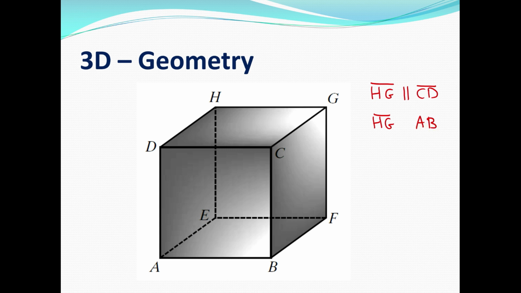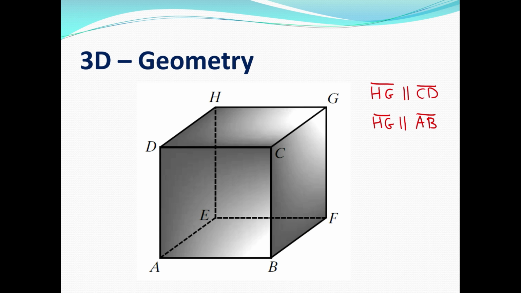Are those two lines parallel? It turns out that yes, they're parallel and they also lie in the same plane, because you can draw a plane like this such that segment HG and segment AB are in the same plane. So there are many examples in this figure in which two segments are parallel.